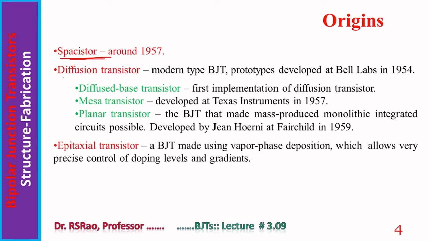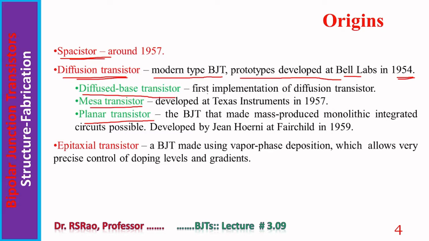Before that, the diffusion transistor came in 1954. It is a modern type BJT, bipolar junction transistor. Prototypes were developed at Bell Labs in 1954. Under this, the diffused base transistor, MESA transistor, and planar transistor all got developed.